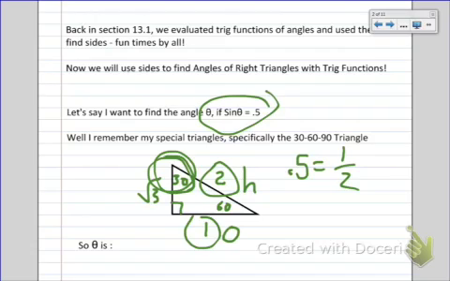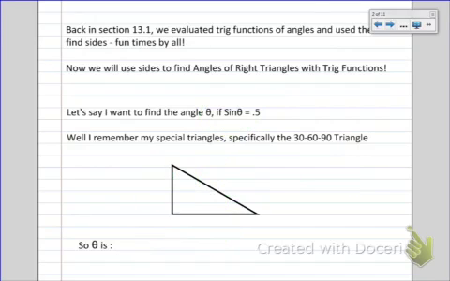So the angle I'm looking for, theta, is 30 degrees. Just using my special triangle, I knew the trig function, drew it, and found it. So that's one way to do it.